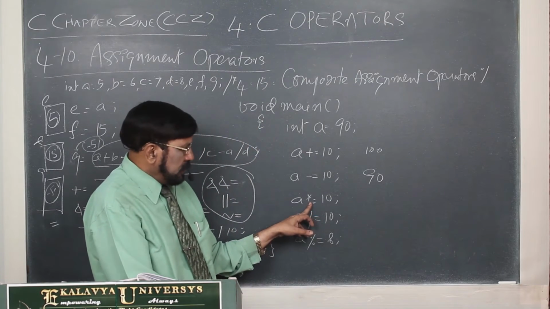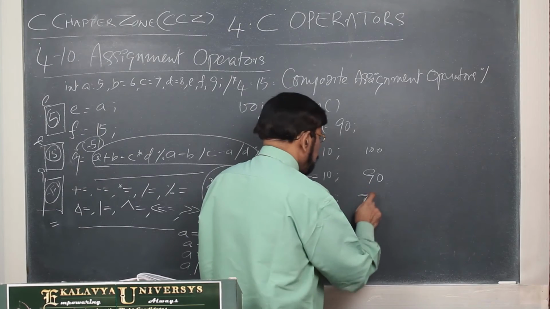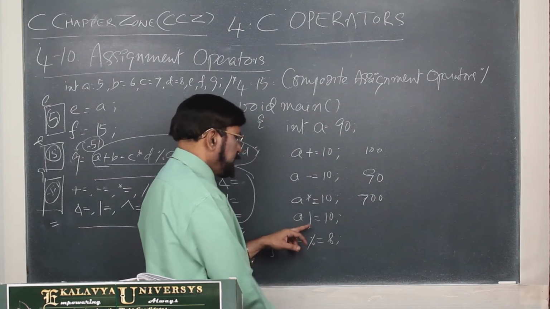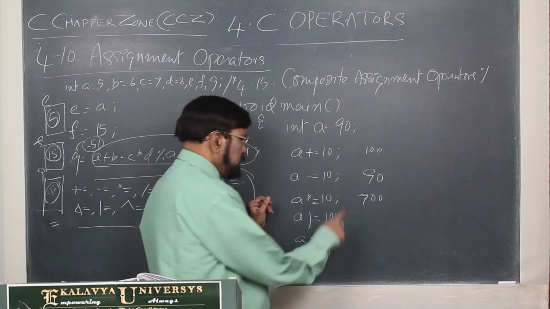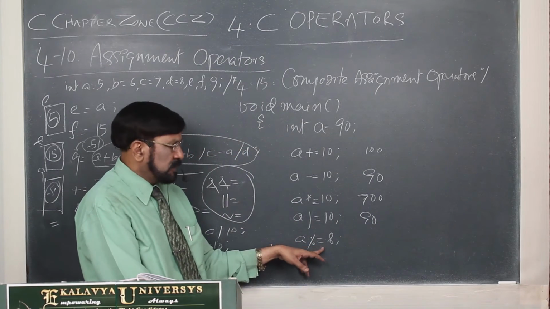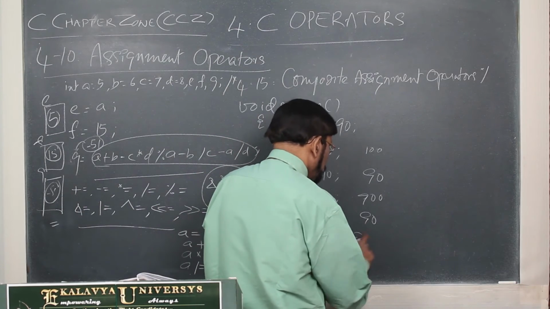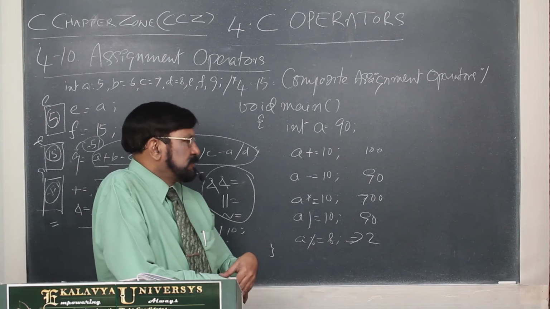And a multiplication equal to 10, then 90 into 10, 900. And division equal to 10, then again it becomes 90. And modulus equal to 8, then this is 2, because 8 elevens are 88, the remainder is 2.